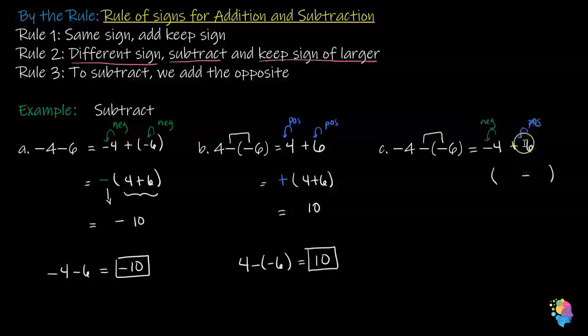This time I have more positives than I have negatives, so then the sign we keep will be a positive. The way we subtract is we subtract the largest minus the smallest. Don't forget. So then 6 minus 4 will be 2, and we don't need to bring down the sign because a positive number doesn't need a sign. That means for us that negative 4 minus negative 6 is equal to 2.